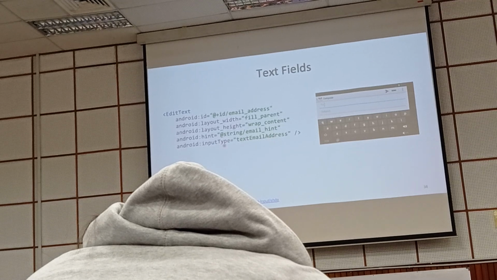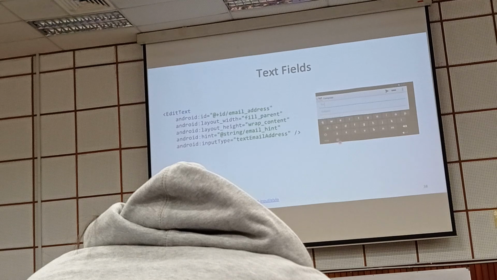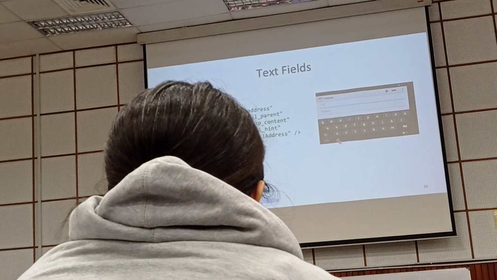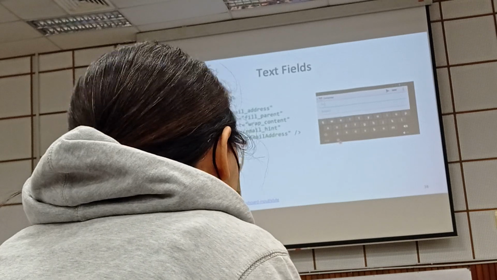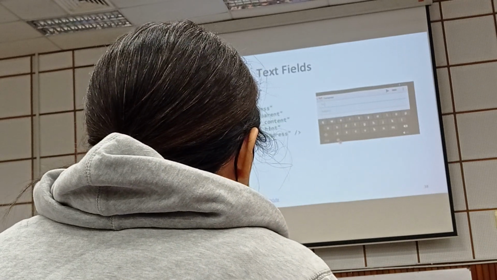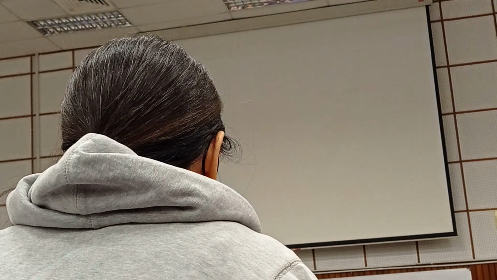With this type specified, the keyboard shows the @ sign. Instead of the user making a switch to another layout, they can quickly access the @ sign. That is one way of helping them reduce input effort.